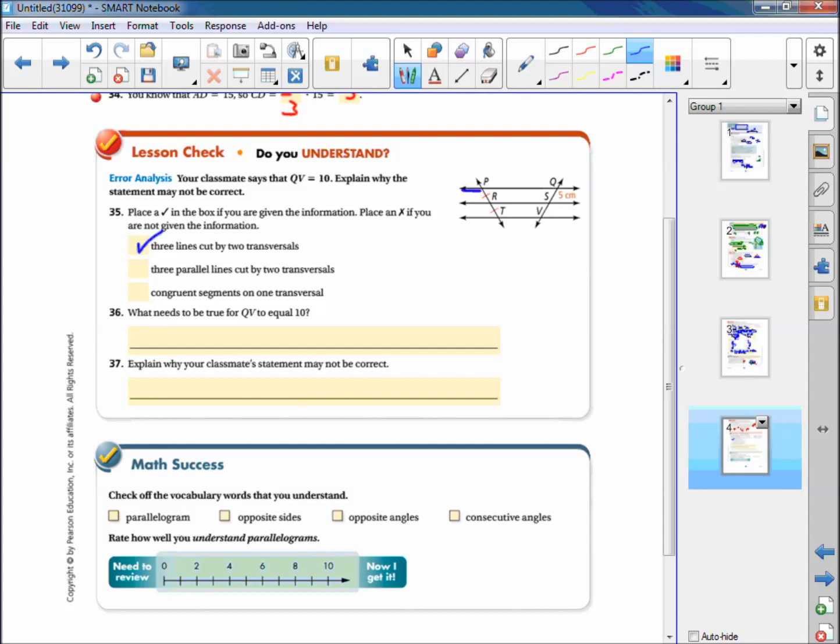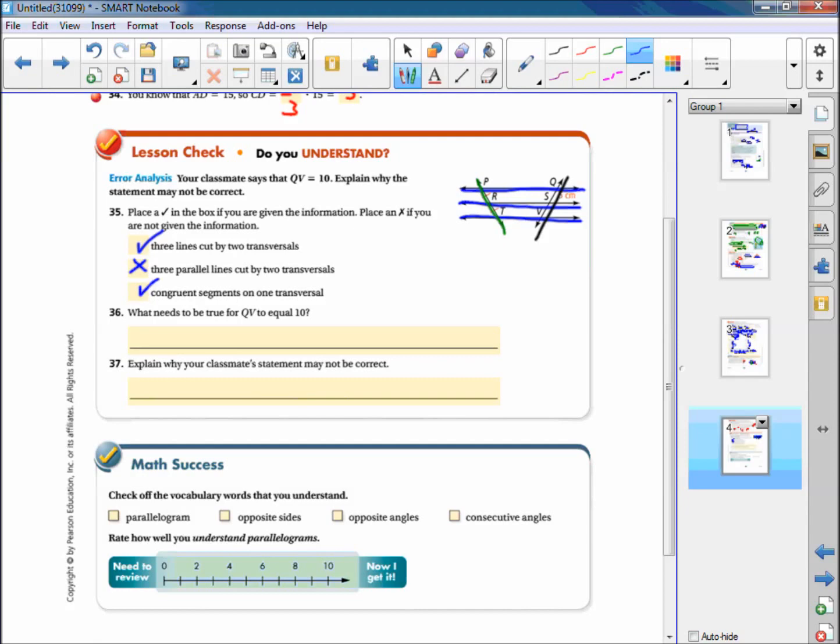We have the blue lines, and they're cut by a green transversal here, and they're cut by the black transversal there. Okay. 3 parallel lines are cut by 2 transversals. There are no marks on this line that show parallel, so this is no. Okay. Congruent segments on 1 transversal, this is true.